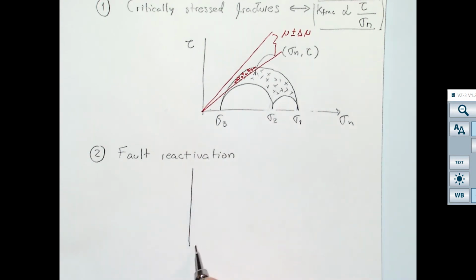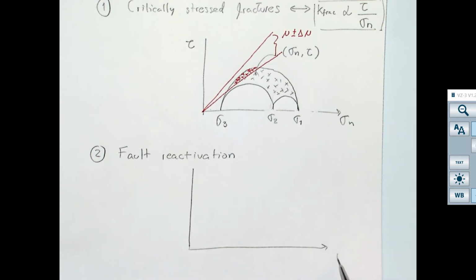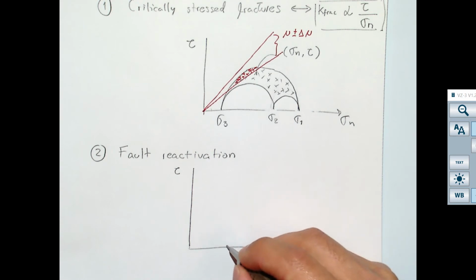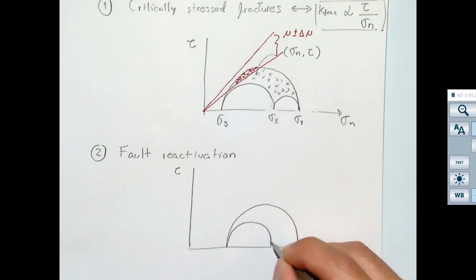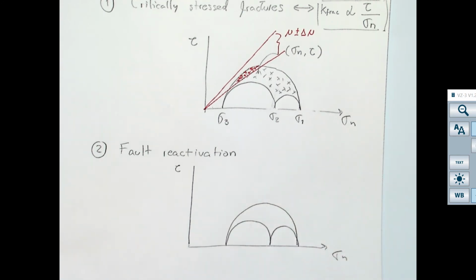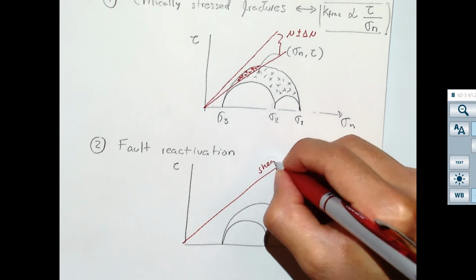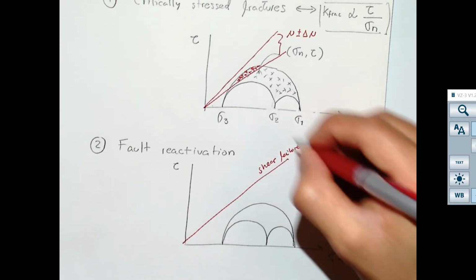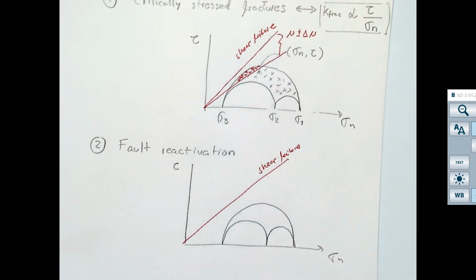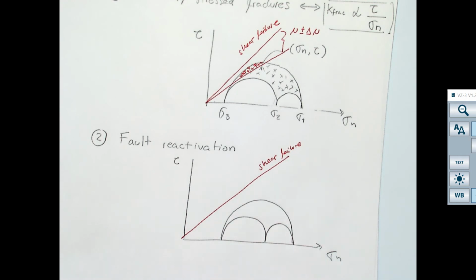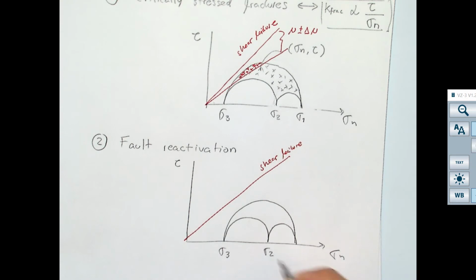If we have a fault which is oriented at a given angle, so that if we change the state of stress and take it closer to the shear failure line, before I tell you the solution, let me ask you this.